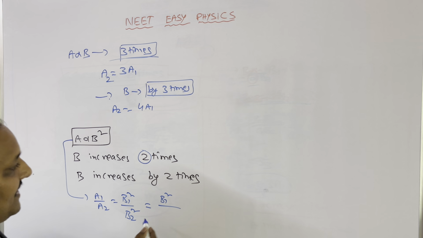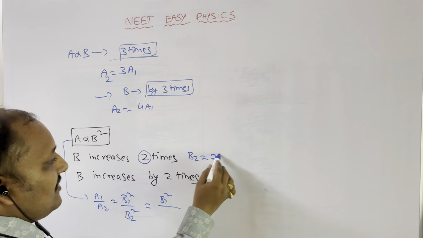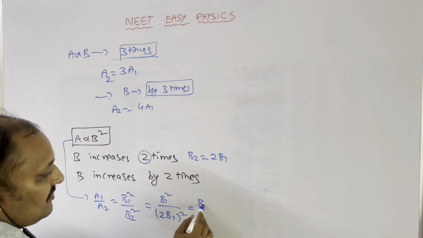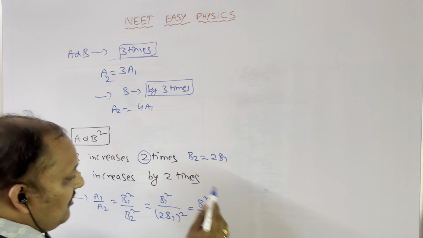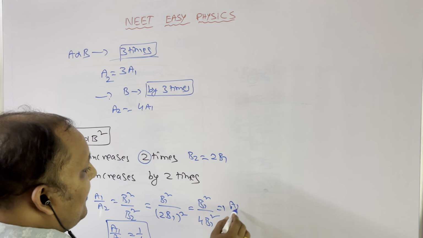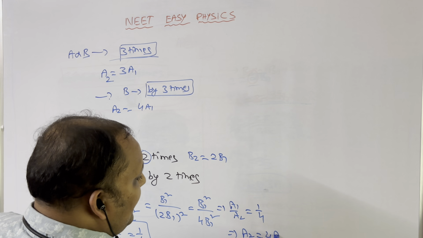So B1 square by, what is B2 now? B2 is going to become 2B1. Therefore 2B1 whole square. So B1 square by 4B1 square. Then A1 by A2 equals 1 by 4. A1 by A2 is 1 by 4, so A2 is going to be 4A1.